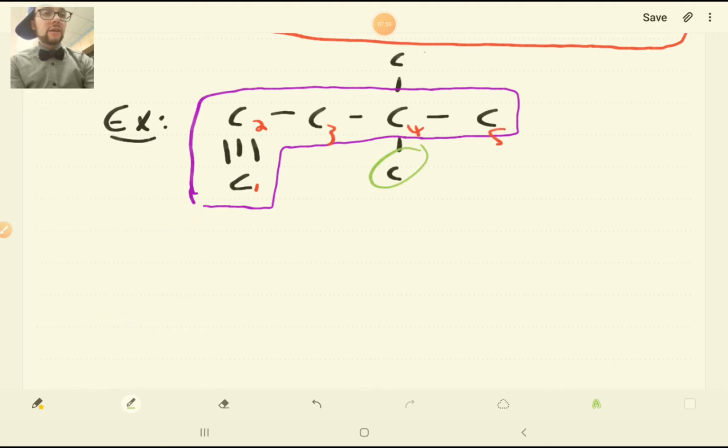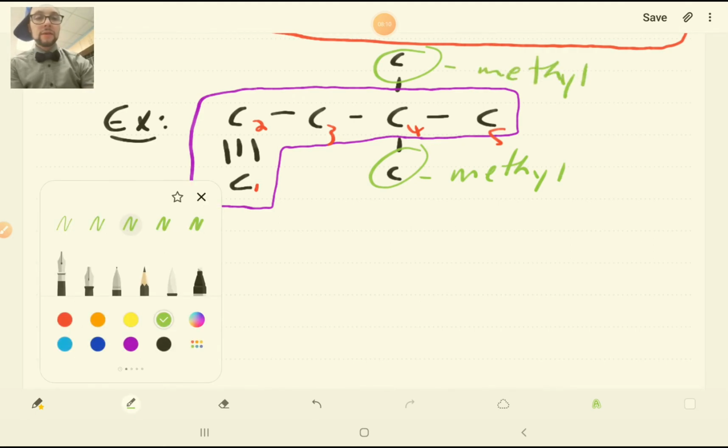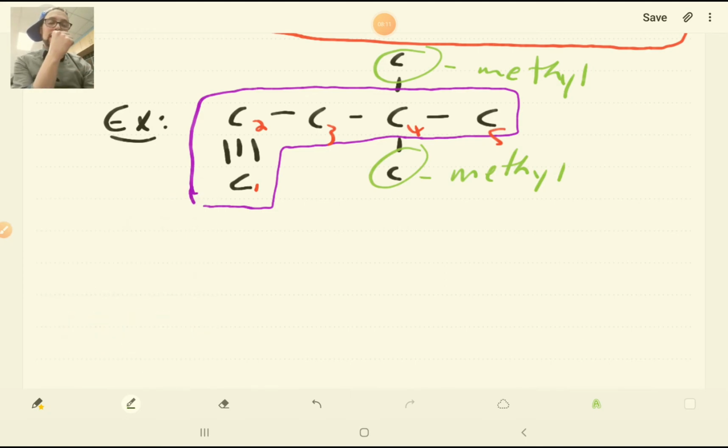The branches are the things that stick out, and both of these would be methyls. And just like in previous questions, we're going to state the methyls beforehand and then label the parent chain. And just like the alkenes, you have to identify where that triple bond occurs at. In this case, it occurs from 1 to 2.